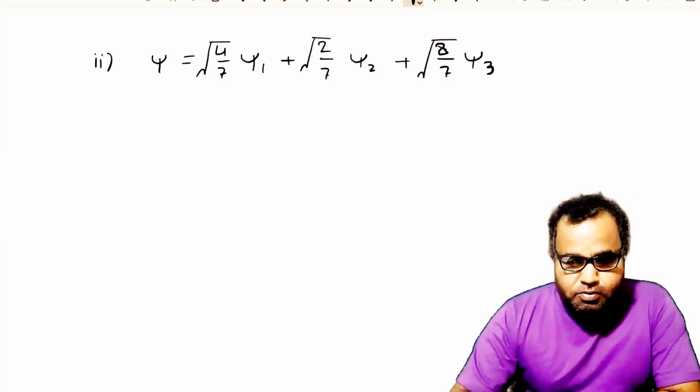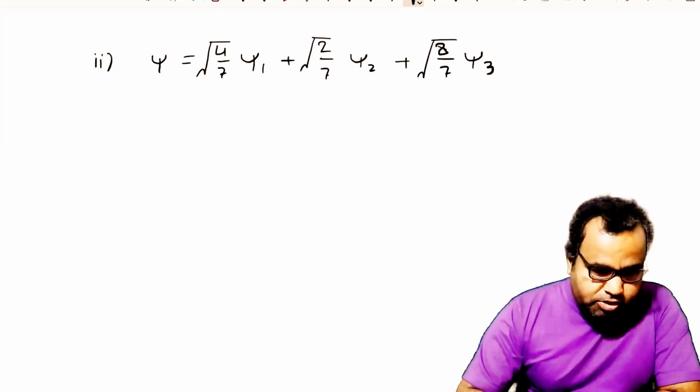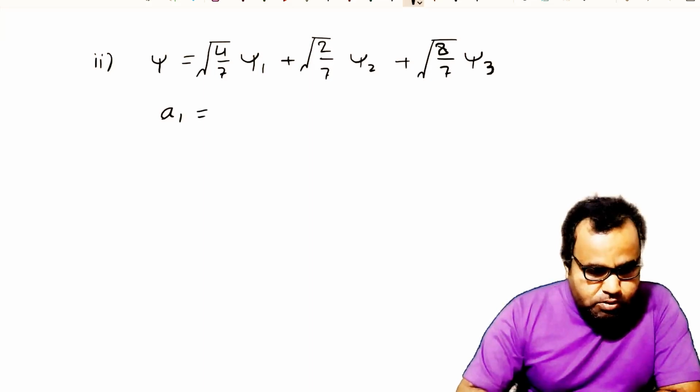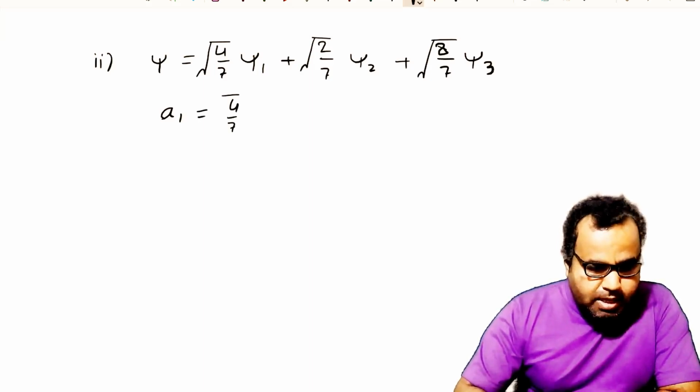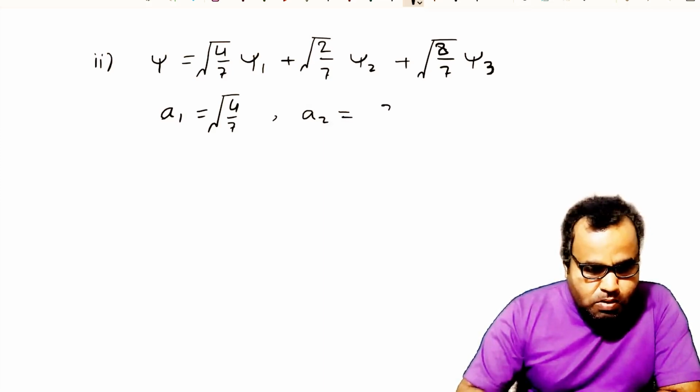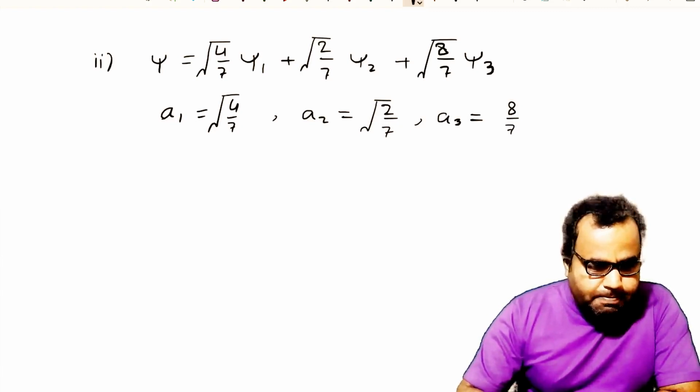The sum of absolute squares should be equal to 1, and here a1 is equal to root 4 over 7, a2, the second value, is root 2 over 7, and the third value is root 8 over 7.